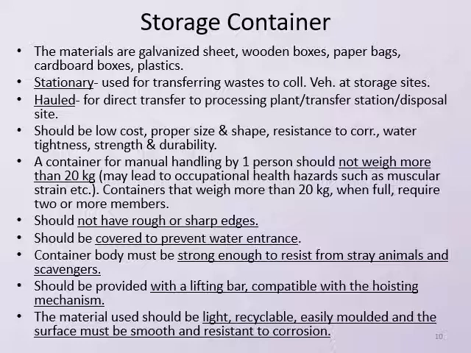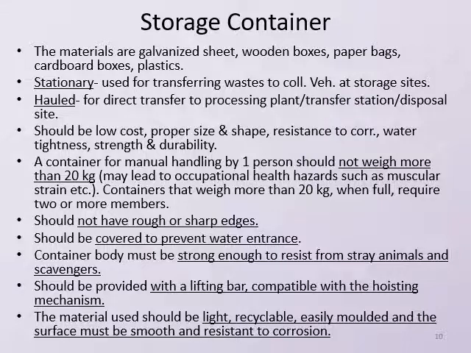The storage container can be of two types, stationary and hauled. Stationary means it is fixed at one place, used for transferring the waste to collection vehicles at storage sites. So when the stationary container is used, it should be fixed. The collection vehicle will come and, by lifting mechanism or by manual method, the container will be emptied, and the same container should be placed at that storage site.